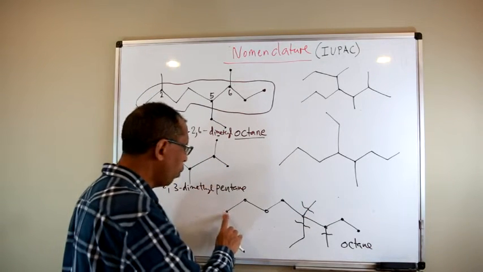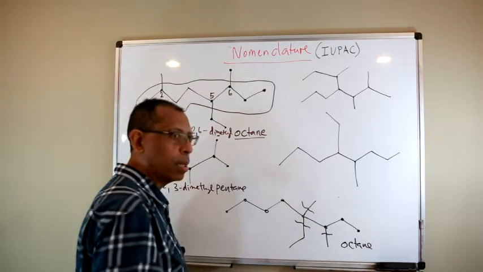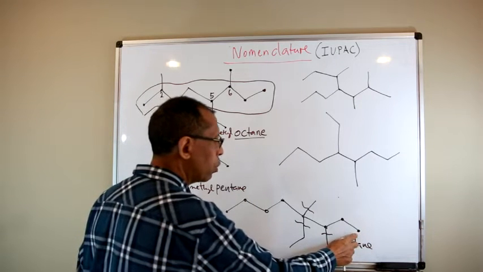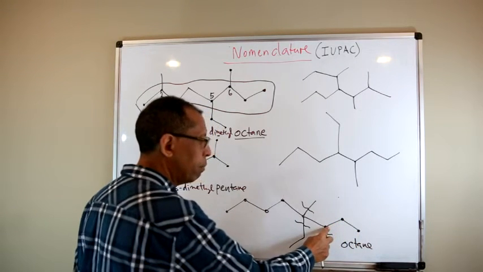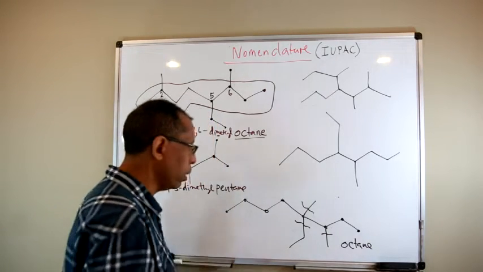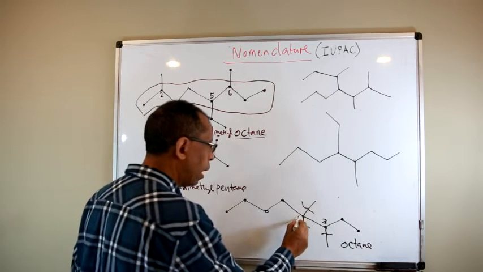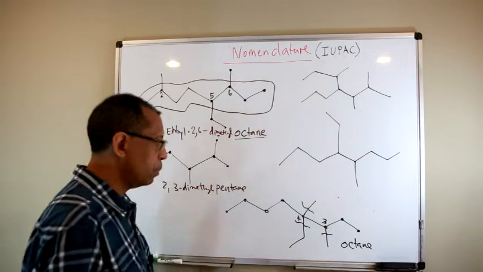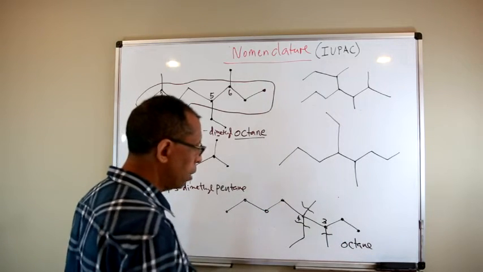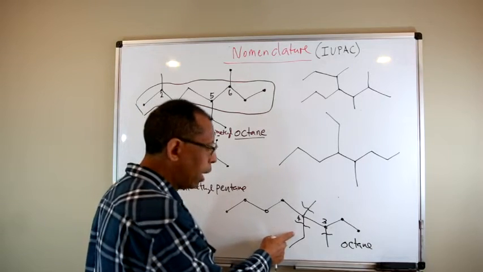So instead of 1, 2, 3, 4, 5 at this position, starting with 5-ethyl, I have a possibility where I could start 1, 2, 3. So it would be a 3-methyl starting point, carbon number 3. At carbon 4, I have two substituents, and then the chain. So that's simplified. Now at the 4th position I have ethyl.